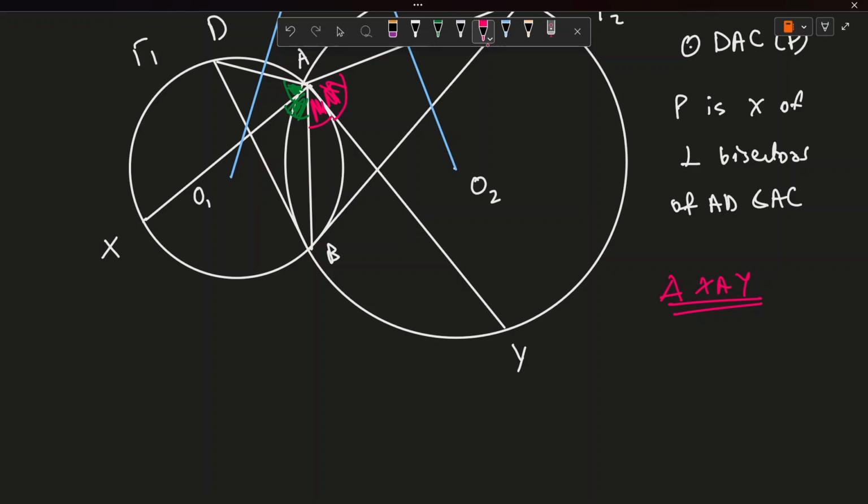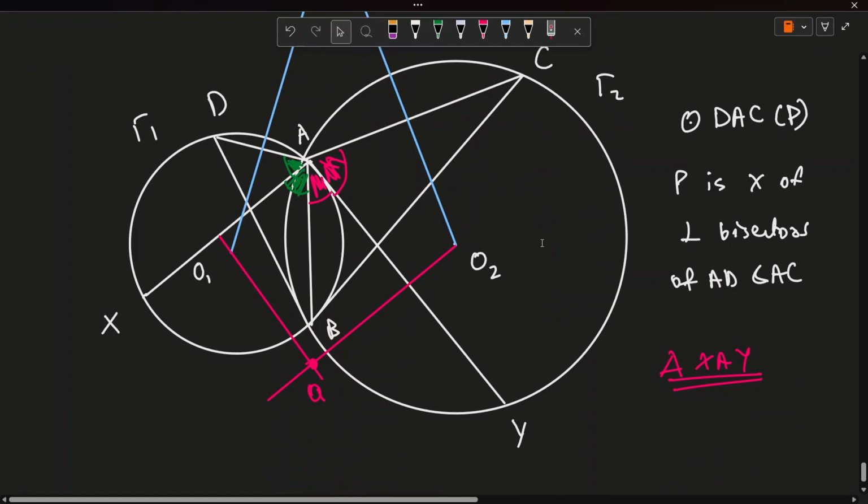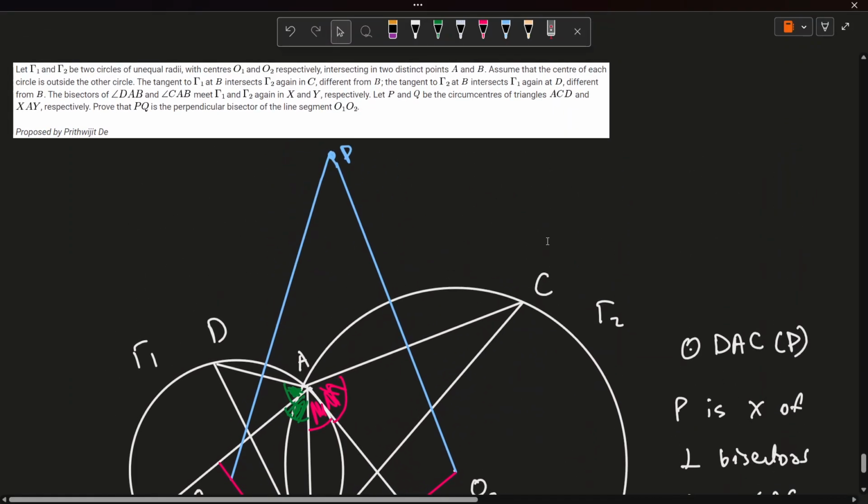So if we draw something like this and something like this, this is the intersection of perpendicular bisectors, and this is the point Q. So we basically want to prove that PQ is the perpendicular bisector of O1 O2. So how can we exactly prove PQ is the perpendicular bisector of O1 O2?